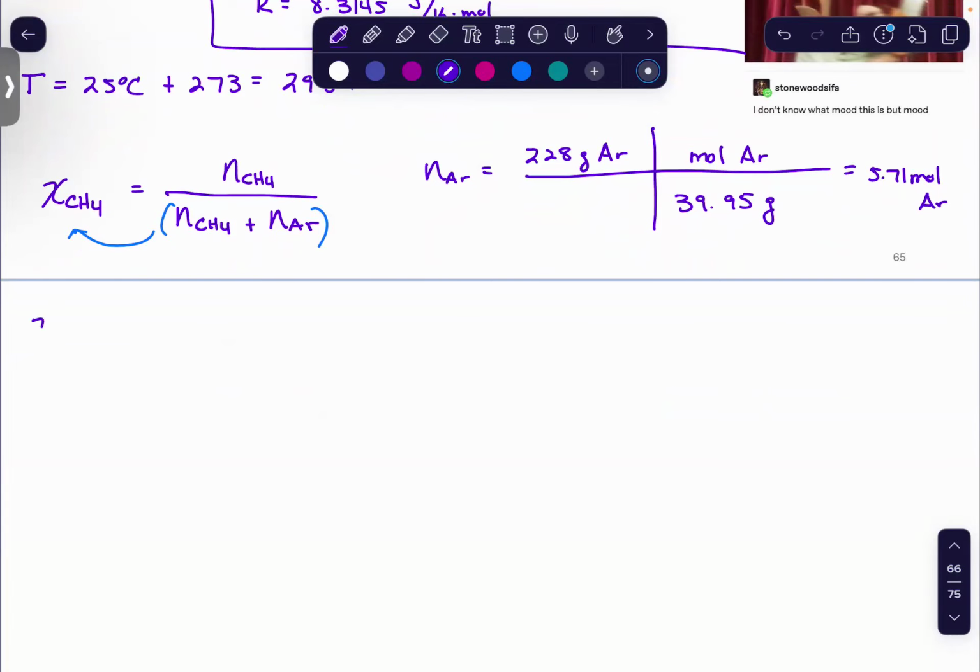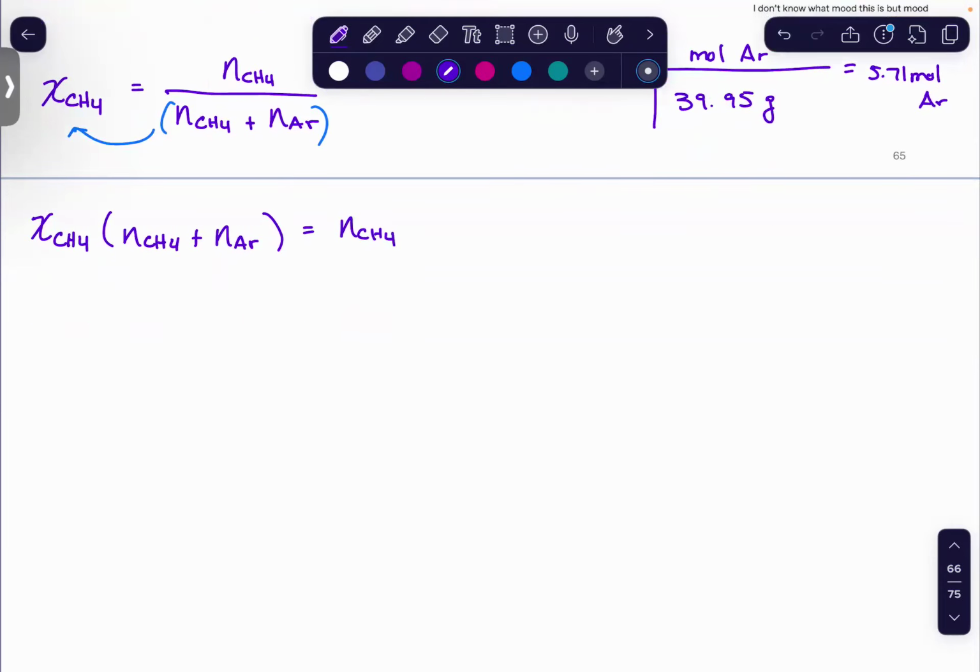All right, factor through. Then I'm going to get argon by itself and CH4 by itself.